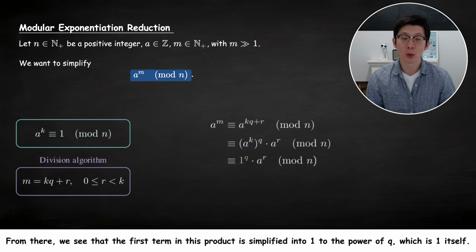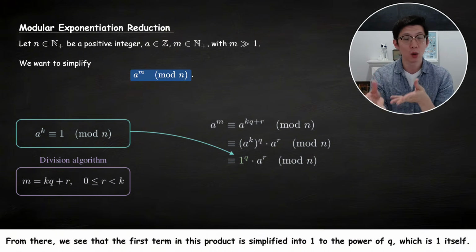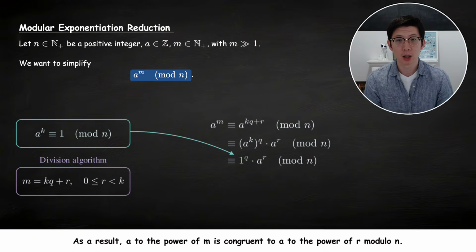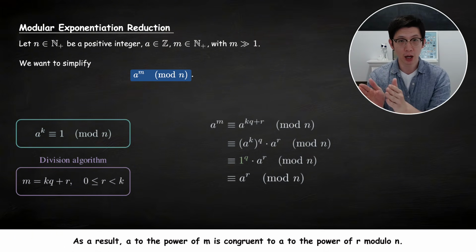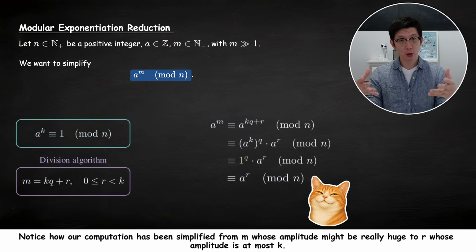From there, we see that the first term in this product is simplified into 1 to the power of q, which is 1 itself. As a result, a to the power of m is congruent to a to the power of r modulo n. Notice how our computation has been simplified from m, whose amplitude might be really huge, to r, whose amplitude is at most k.